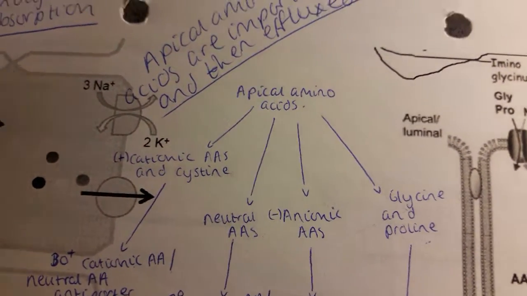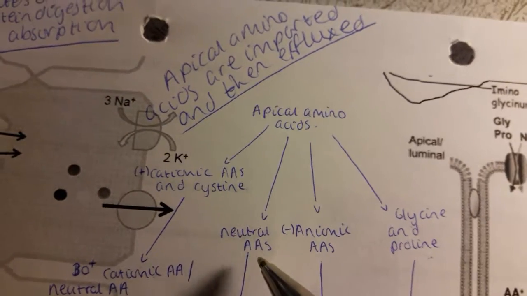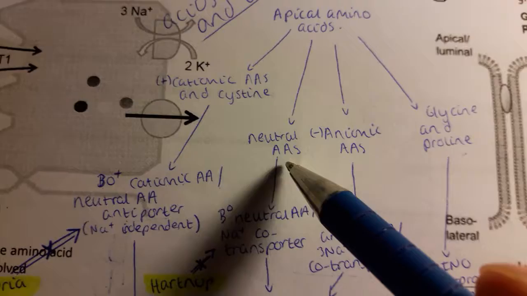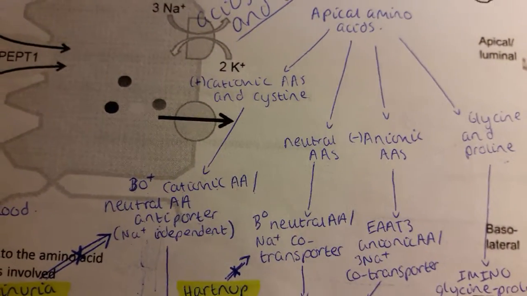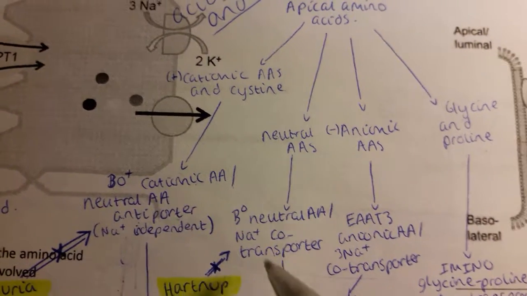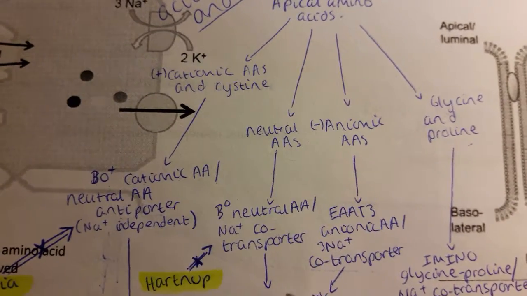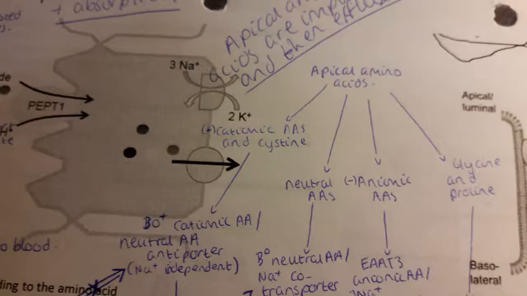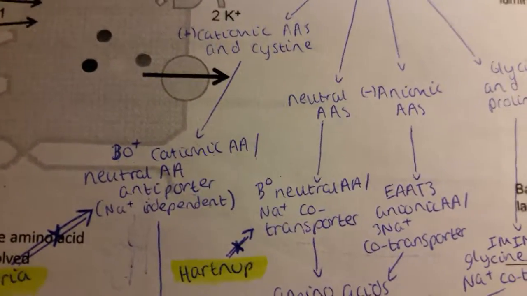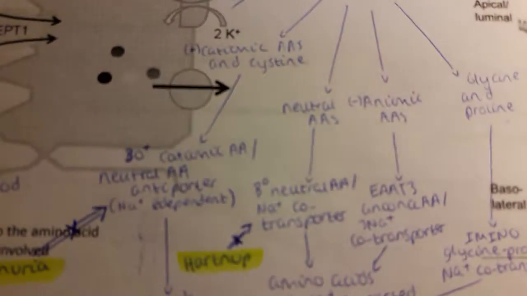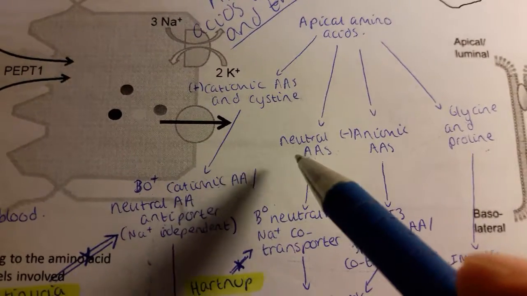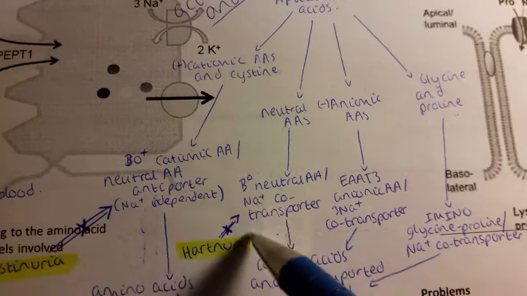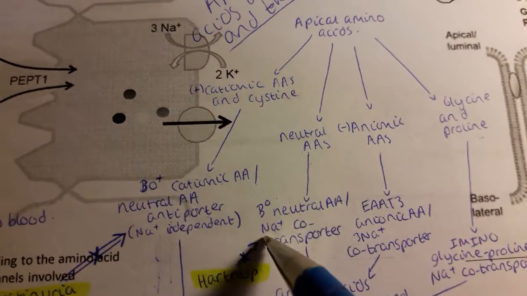The next category of amino acids is neutral amino acids. The neutral amino acids are transported in not using an antiporter, but using a B0 neutral amino acid sodium cotransporter. So what does that mean? That means that the neutral amino acids at the apical membrane are transported across the apical membrane into the enterocyte along with sodium.